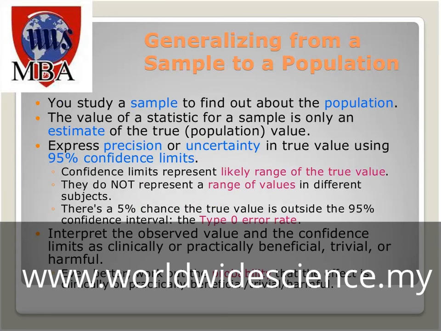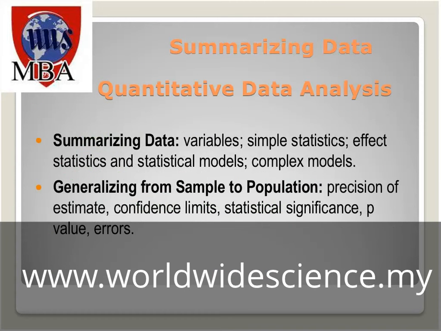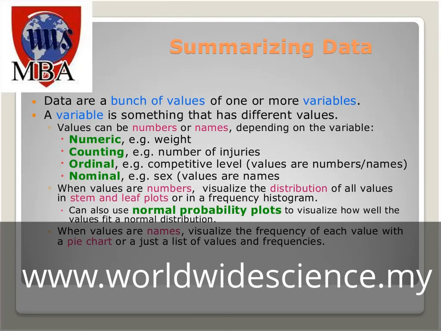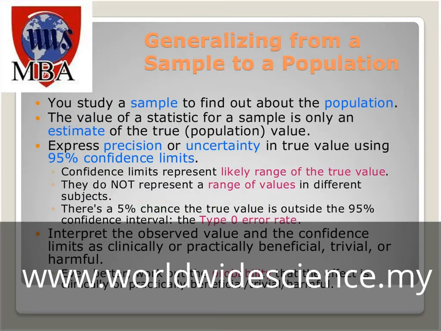Okay, in this slide, we said that quantitative data analysis divides into summarizing data and generalizing from sample to population. So now we have done summarizing. Now the second part, generalizing from a sample to a population. So you study a sample to find out about the population.